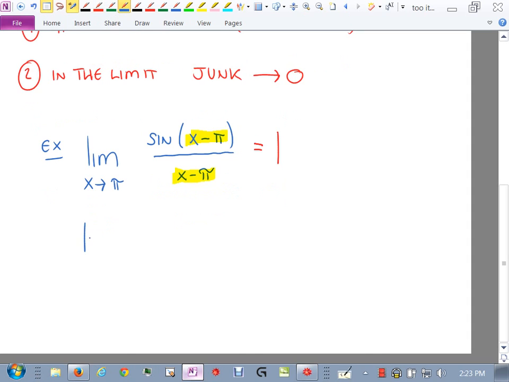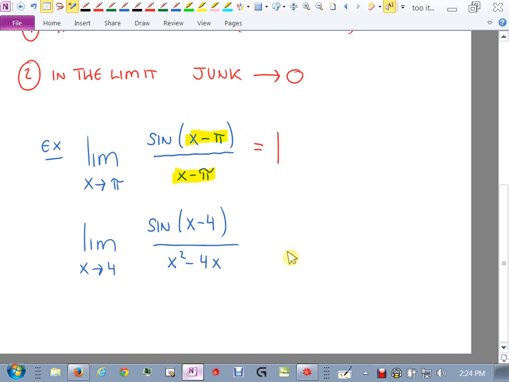How about this? Limit as x goes to 4 of sine of x minus 4 over x squared minus 4x. Well, what did you say?